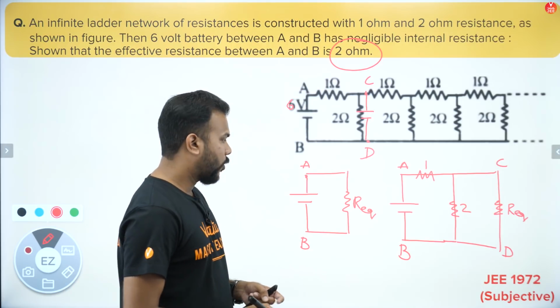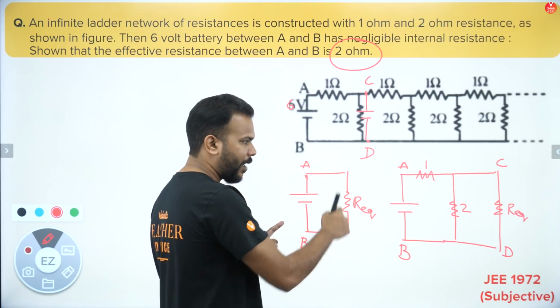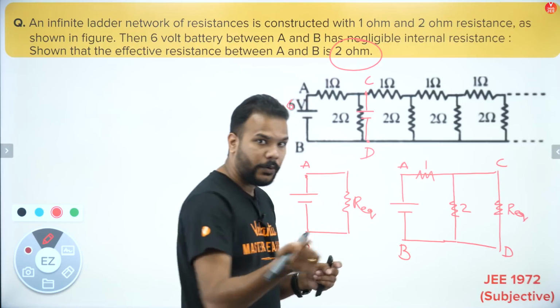Okay guys, so the equivalent resistance between A and B and between C and D are going to be equal.